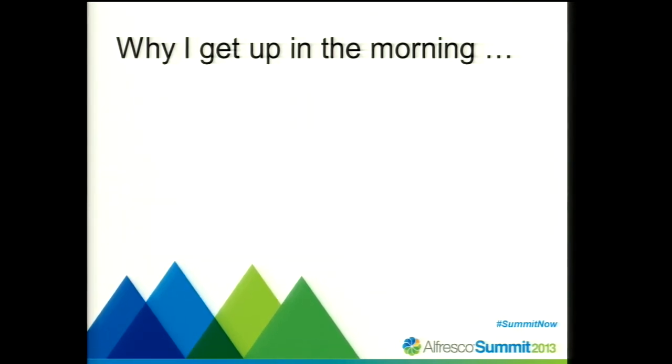And one of the things that she had trouble with was coming into a big Alfresco repository. Somebody had set up a very complicated structure that she didn't really understand or care to understand, and was trying to find things in there, obviously using search.